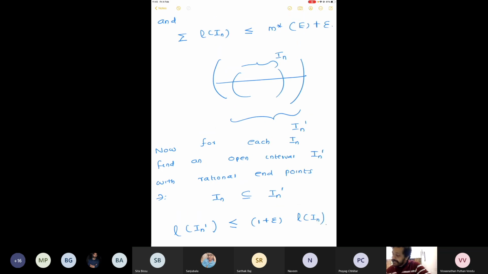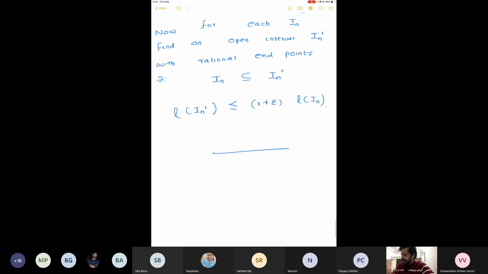So now let the given I_n be (a, b), where a and b are real. Now for real a, can I find a rational whose distance from a is a predetermined number, let us say epsilon 1? Is it possible? This is I_n, and a and b are real.